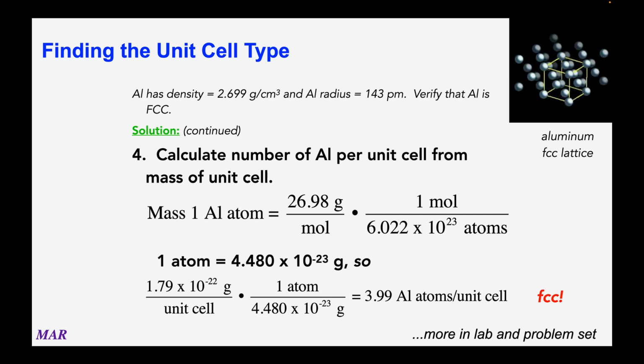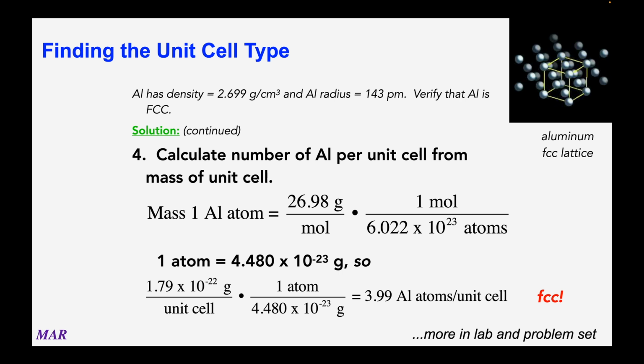It comes out to be 3.99, which is awfully close to 4 atoms per unit cell. FCC. So we have just verified here that aluminum is a face-centered cubic. If we would have come up with a different number of atoms per cell, it would have been not face-centered cubic. But 4 atoms per cell means it's FCC. Pretty cool. So this gives you an idea how these problems work.